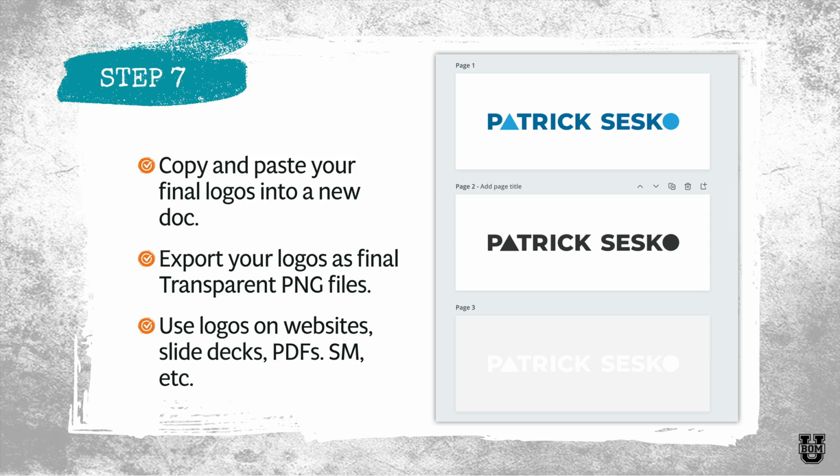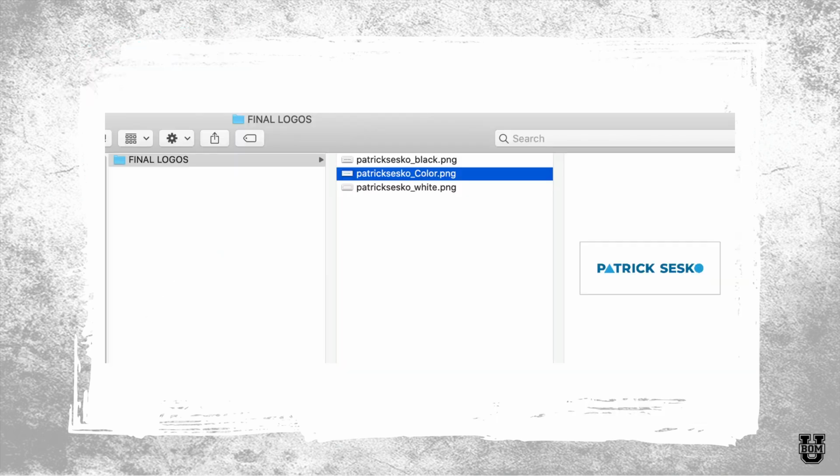Like I said, you can use these logos on websites, slide decks, PDFs, social media, etc. When you export these logos, you just want to rename them. In my case, I have my name black logo, my name color, my name white. Each one of those will be transparent logo files that you can use across social media.